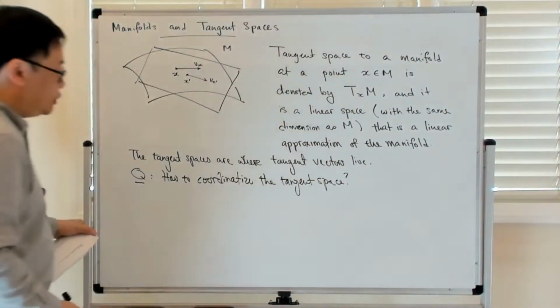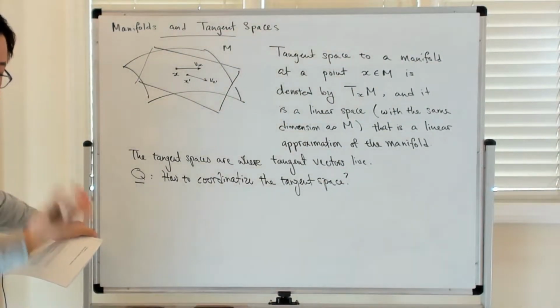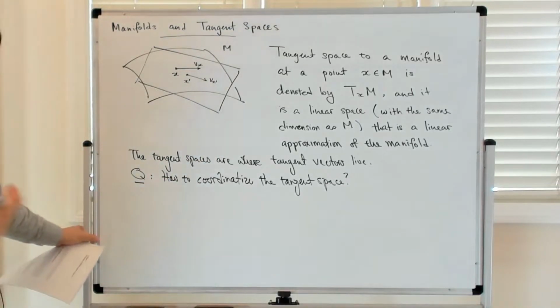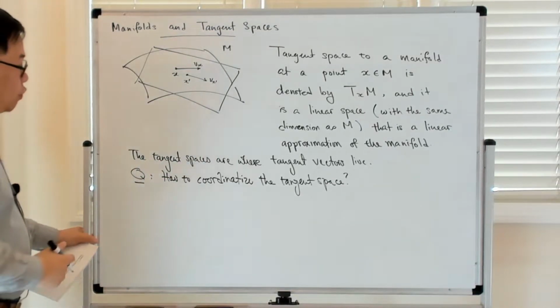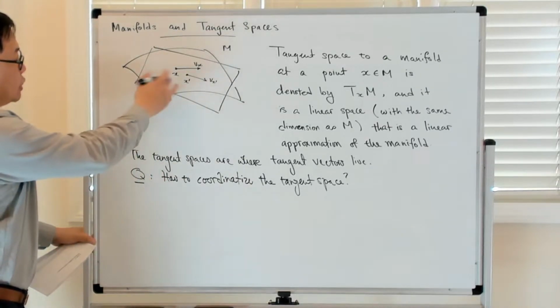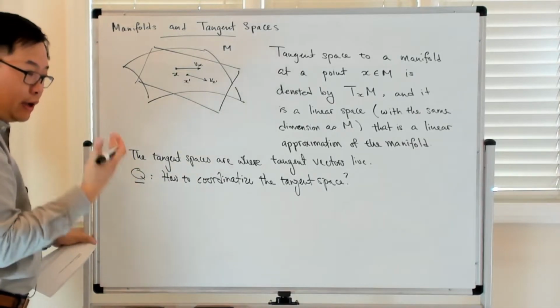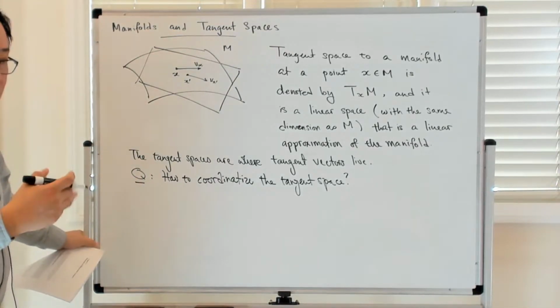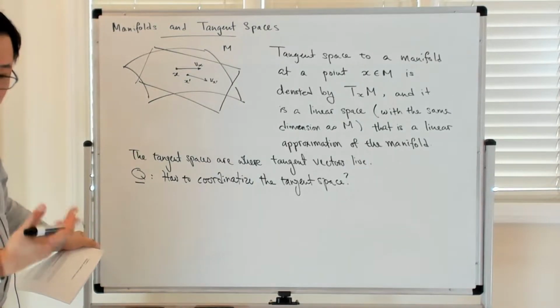So we've already talked about the idea of having coordinate charts on the manifold itself. So let's just assume that I give you a coordinate chart on M, which contains this point X, and then ask, well, is there a sense in which a coordinate chart on M induces coordinates on the tangent space?